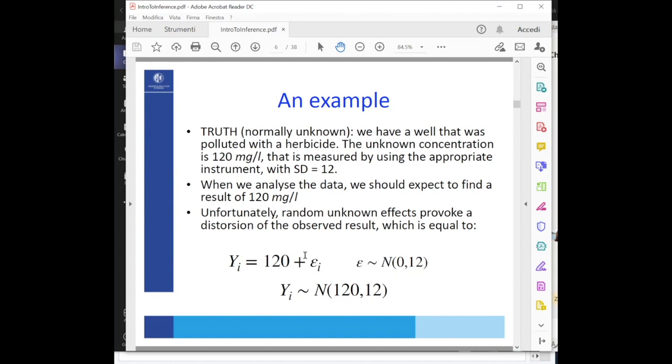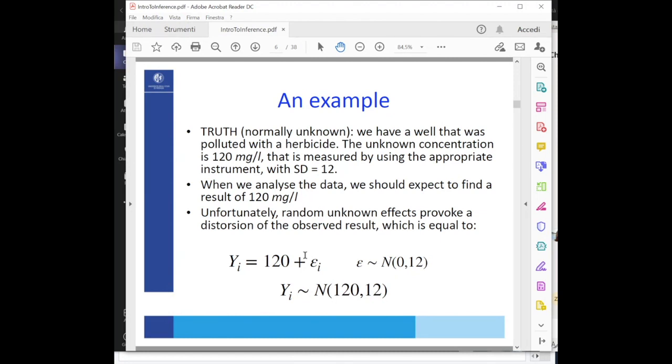So if we are doing a good job, if we are making correct analysis by following a correct protocol, and if we work carefully, if we are careful not to make mistakes, we can suppose that epsilon is very small and related to the instrument, which produces standard deviation of 12.